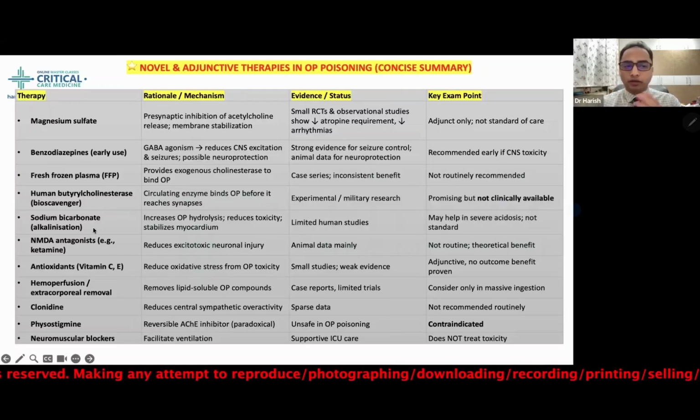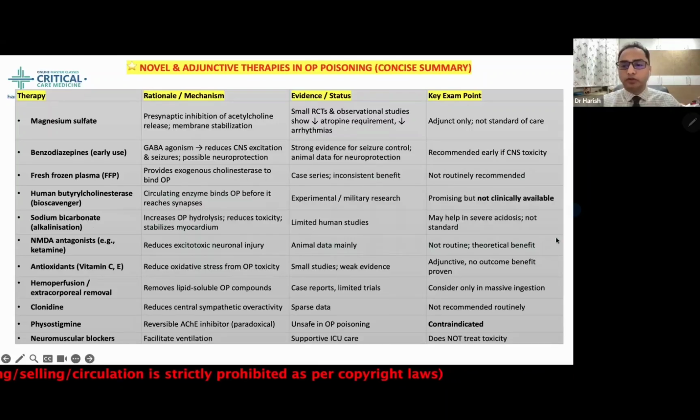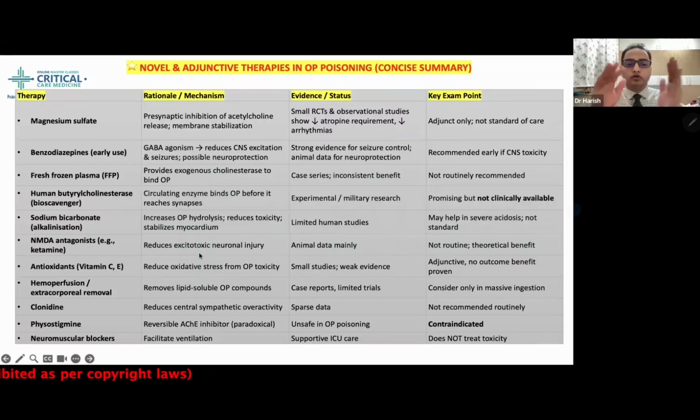So sodium bicarbonate, that is alkalinization: it increases OP hydrolysis, reduces toxicity, stabilizes the myocardium. Again, limited human studies; may help in severe acidosis but not a standard therapy. NMDA antagonists like ketamine reduce excitotoxic neuronal injury, only animal data, so not routine, only theoretical benefit.